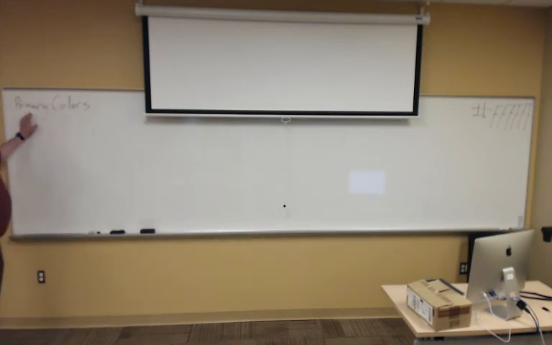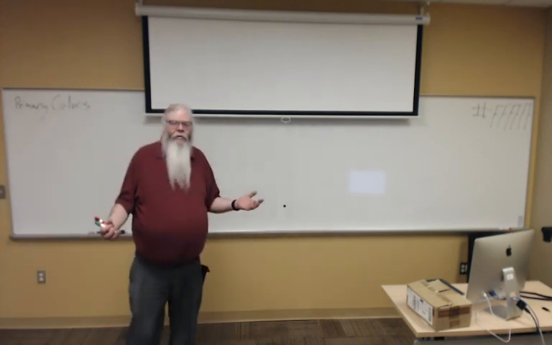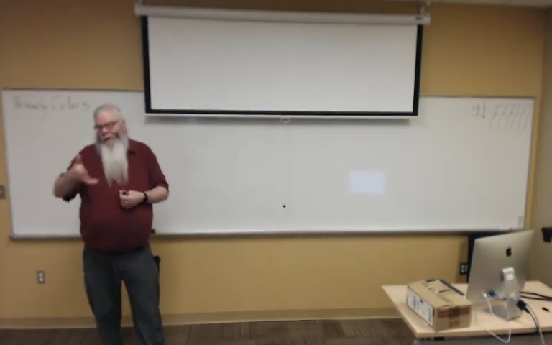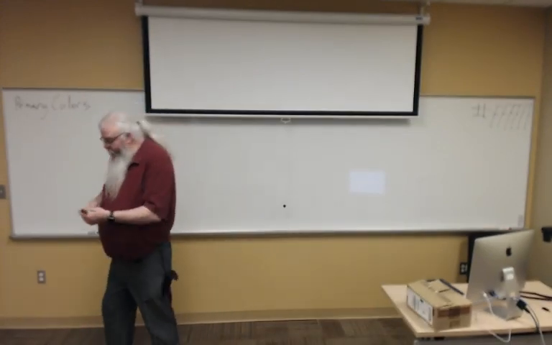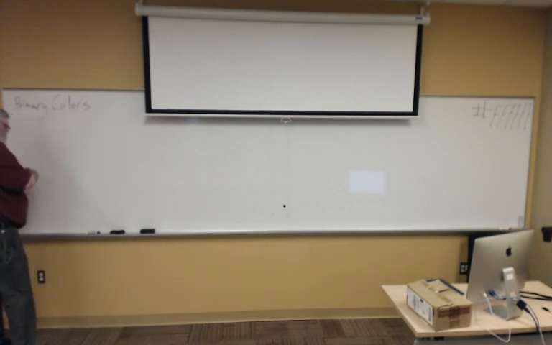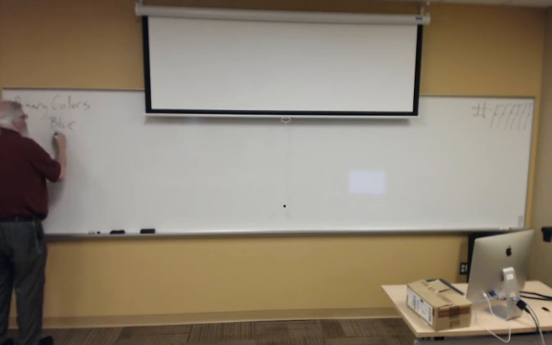So we'll start with this. This brings us back to kindergarten, 1st grade. Primary colors. What are primary colors? So we're listing them. That works. So we got blue, we got yellow, red.